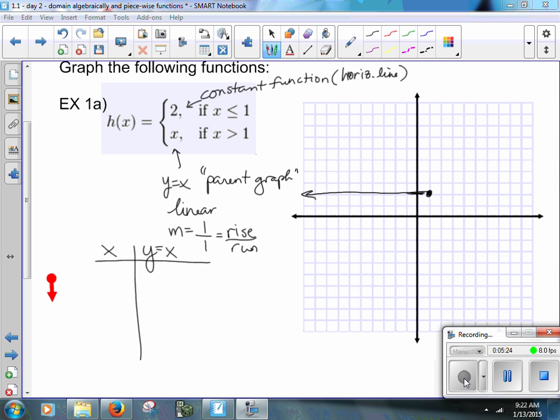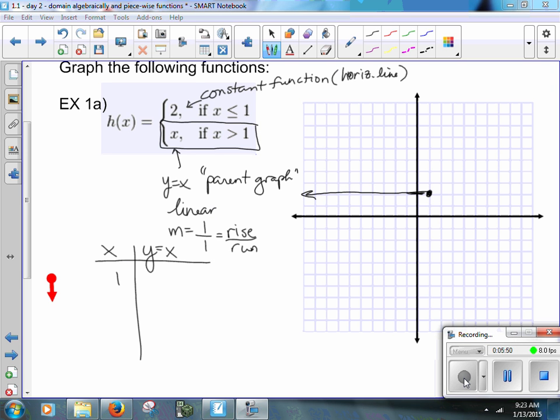All right, now what values are we going to put in here for x? Typically, I would always go -3, -2, -1, 0, 1, 2, 3. But do I need all those numbers? Where do my x values need to start? Focus on this right here. One. My x's need to start at 1.